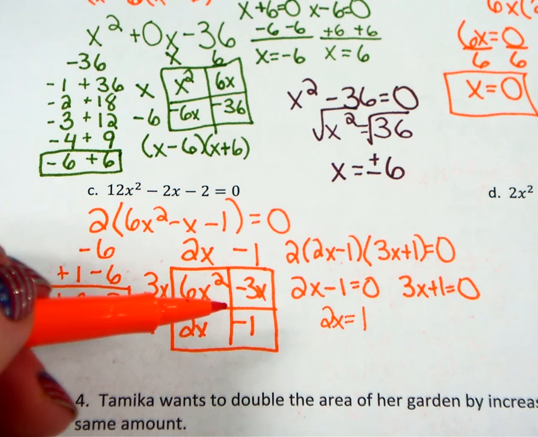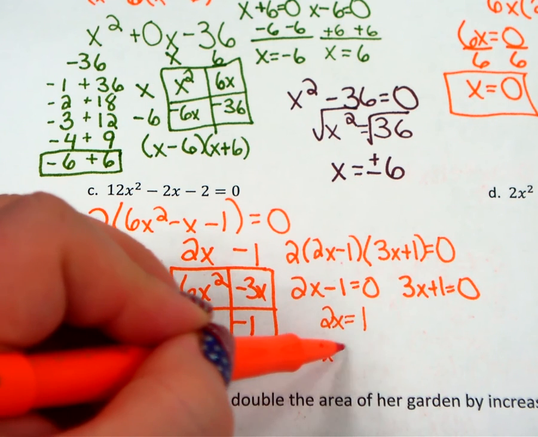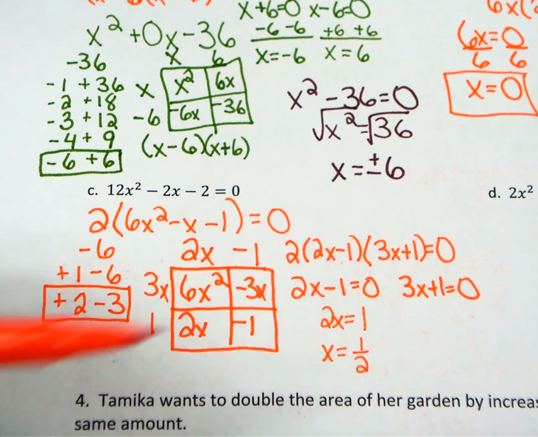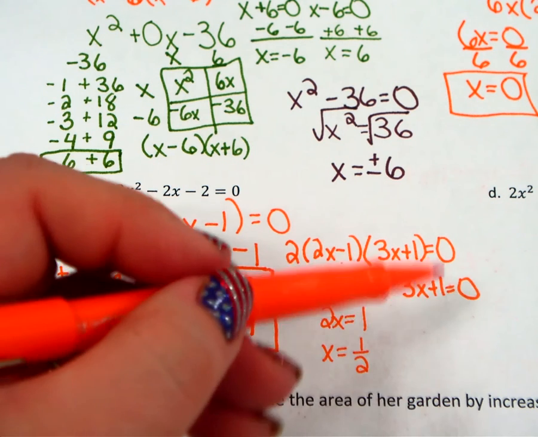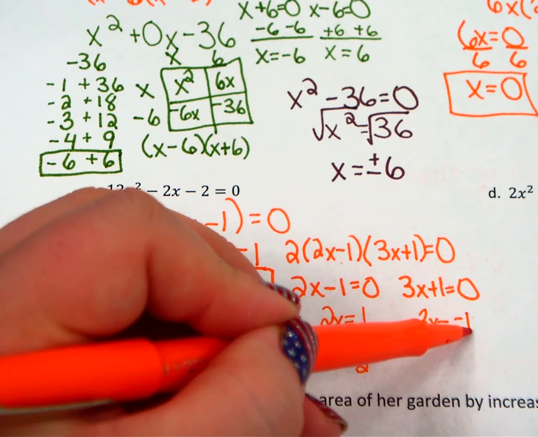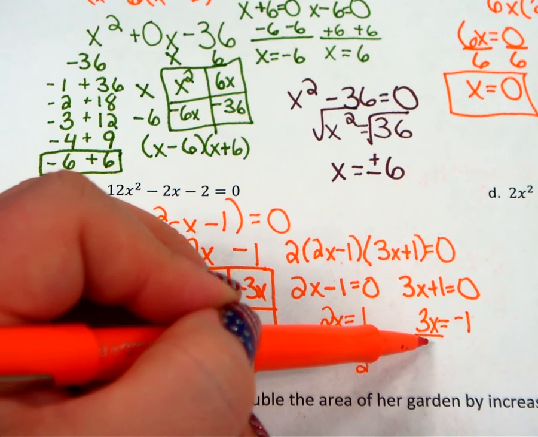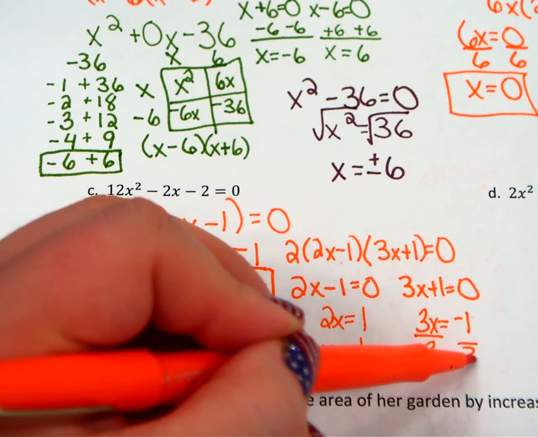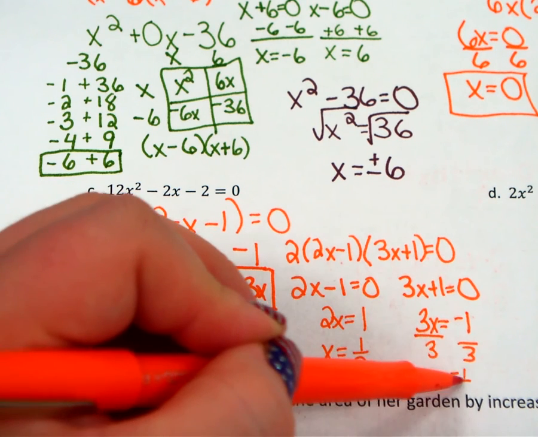Divide by 2 on both sides. And we get a possible solution was 1/2. The other solution, subtract 1 from both sides. Divide by 3 on both sides. And x could equal negative 1/3.